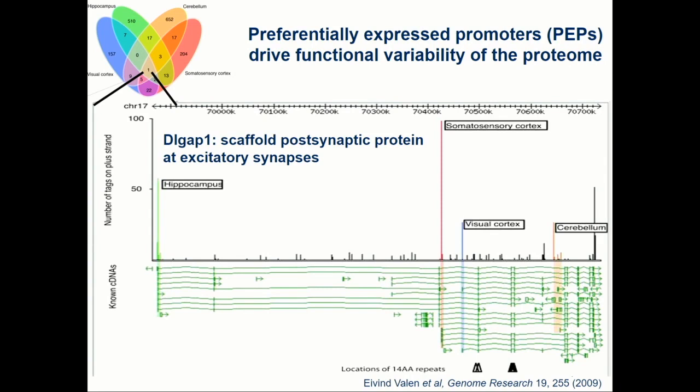So if you have RNA samples from hippocampus, somatosensory cortex, visual cortex, or cerebellum, we see that there are different promoters. The hippocampus-specific one, for instance, is here, and other promoters are more downstream in this gene.